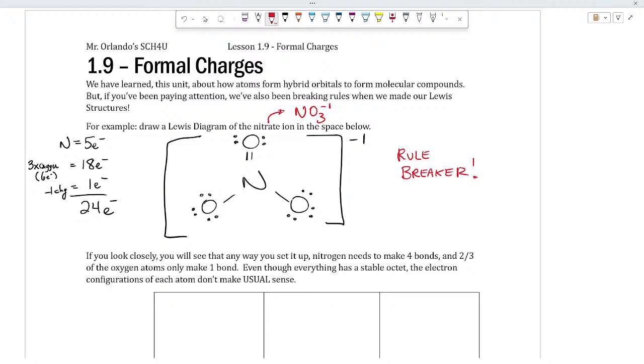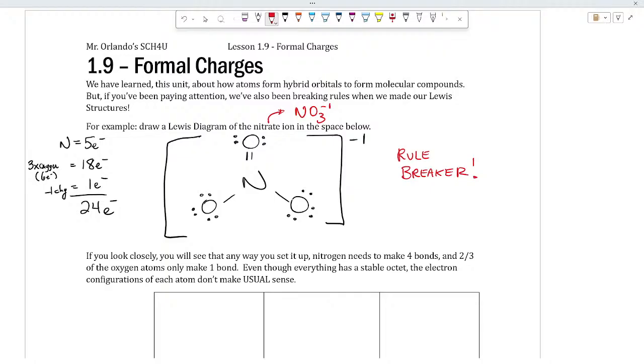Yep, absolutely, which means we normally think of nitrogen as making how many bonds? 3, right? But here it's making 4. And how many bonds do we normally think of oxygen as making? 2, right? We think of it as needing to get 2 more electrons to get to the valence.